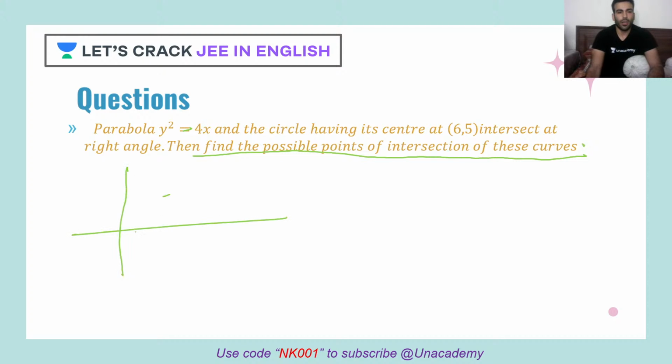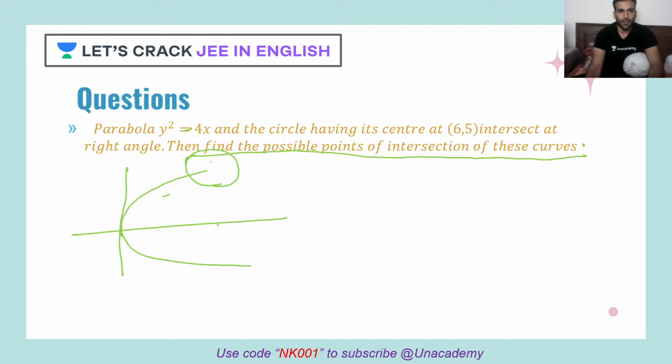So there is a parabola like this. And we have a circle with center at 6 comma 5, and they are intersecting like this, at right angle.